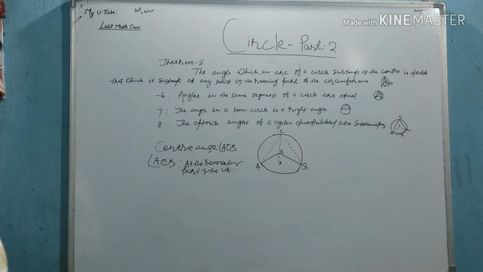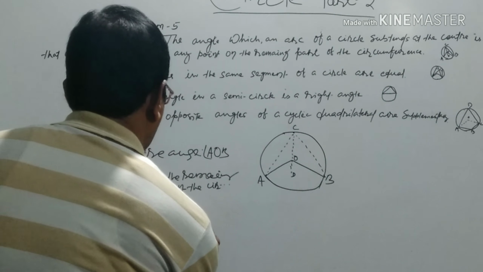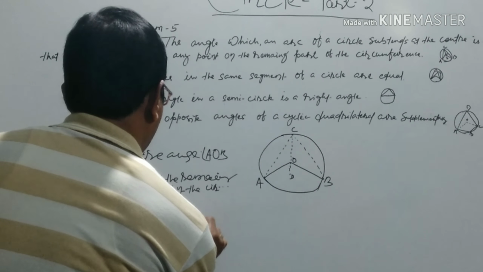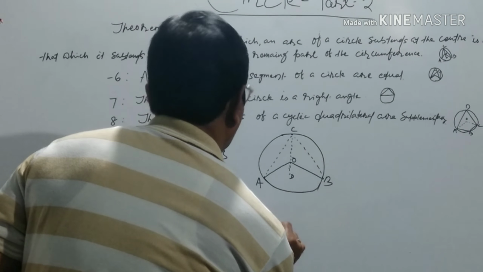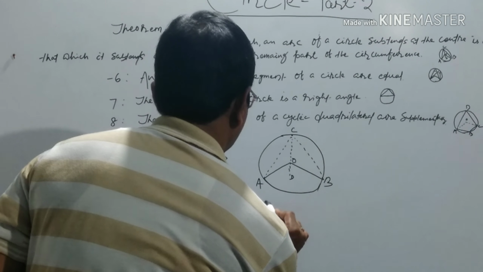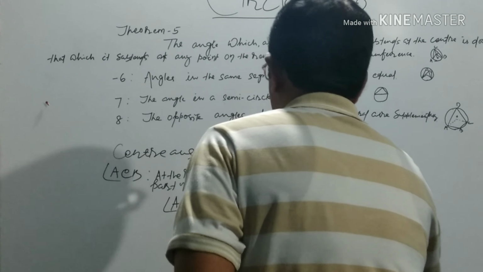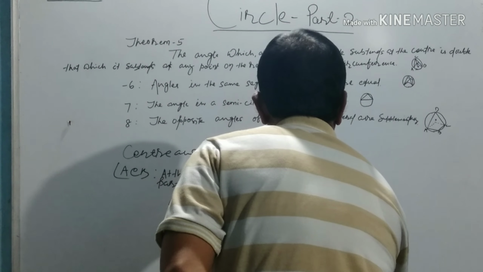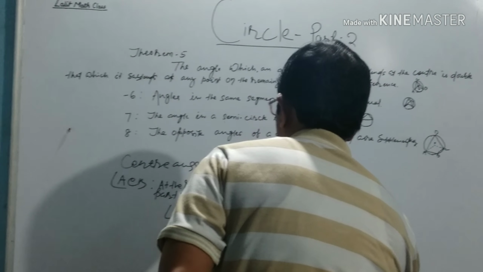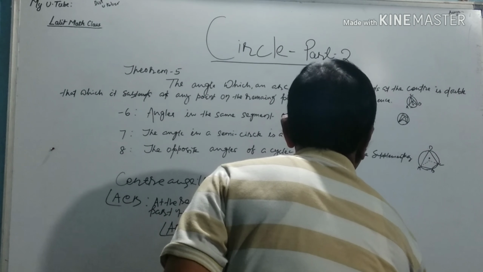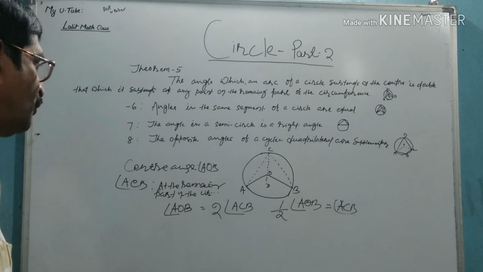Now you see, we have been asked to prove that angle AOB is equal to twice angle ACB, or in other words, half of angle AOB is equal to angle ACB. The same thing.